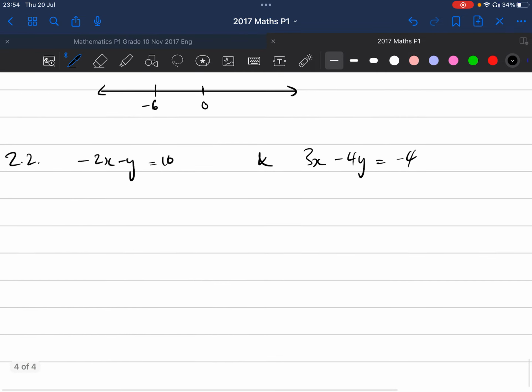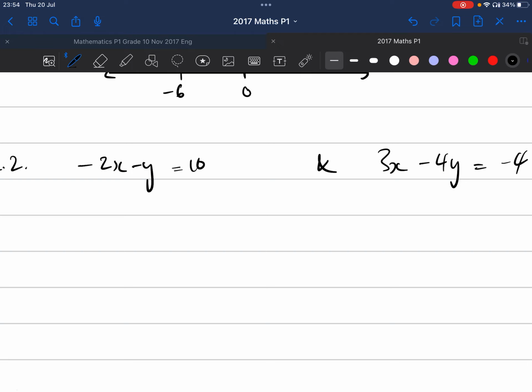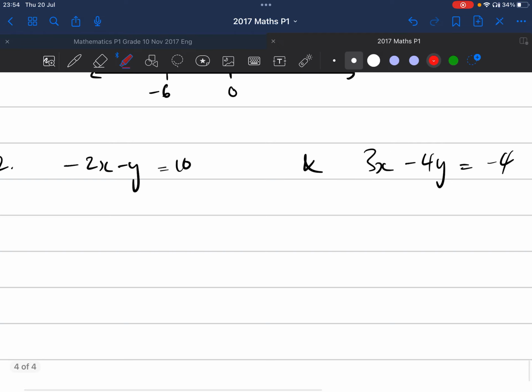So how do we solve simultaneous equations? Well, the easiest way to do it is to firstly isolate one of the variables. Remember we have two equations, so that means we have two unknowns.